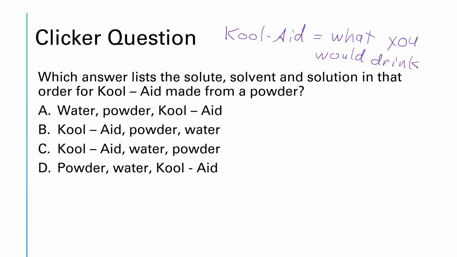So let's see, the solute is what gets dissolved. The solvent is what dissolves up the solute, and then the solution is the combination of those two things. So I'm thinking the solute is going to be the powder, because the powder will get dissolved by the water. So the solvent would be water, and then the solution would be what you drink, the Kool-Aid. So it looks like the best answer here is going to be answer D.